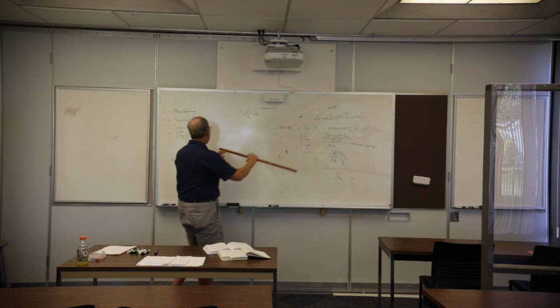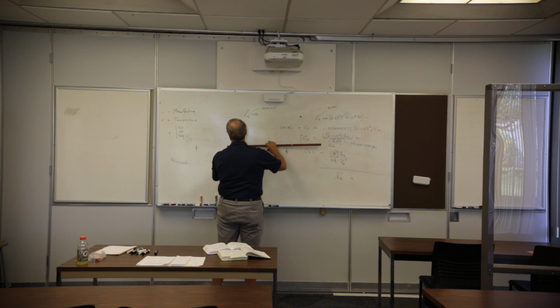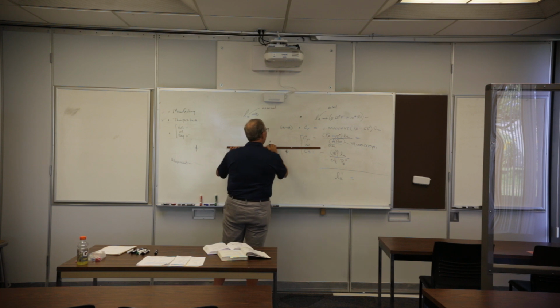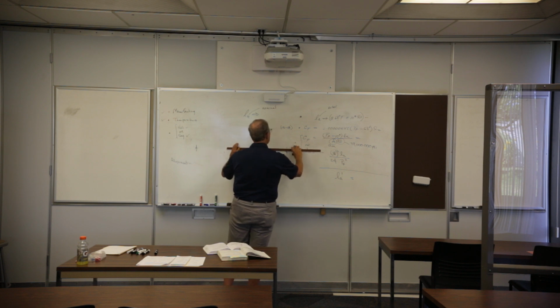Now I've got one that's 12.5 inches. Okay, I'm going to start there. And I'm going to go. And when I do that, I'm going to end up now with 3 feet being out here.